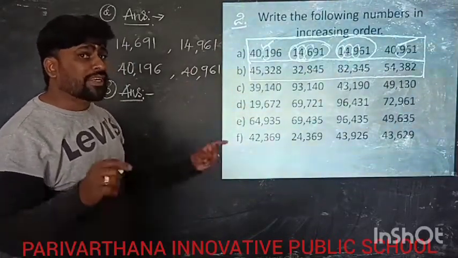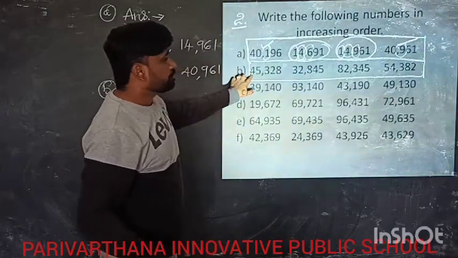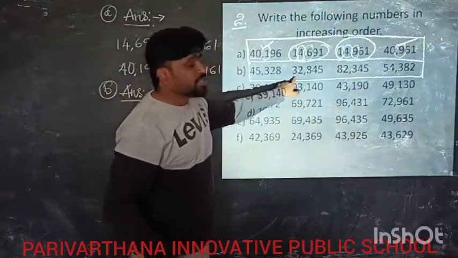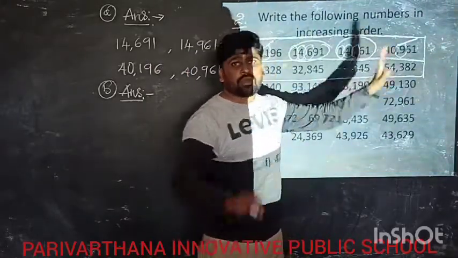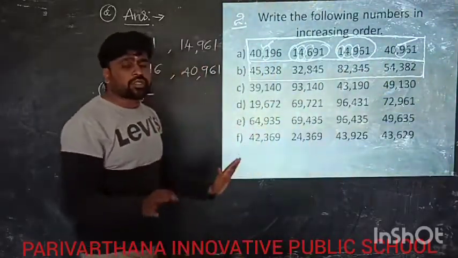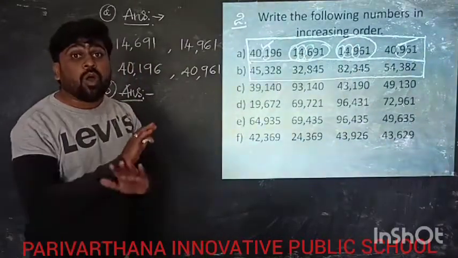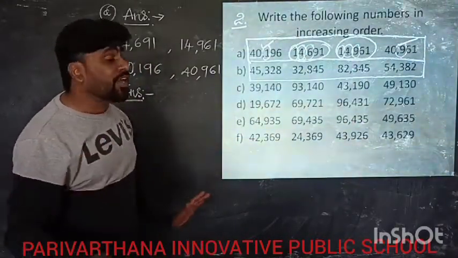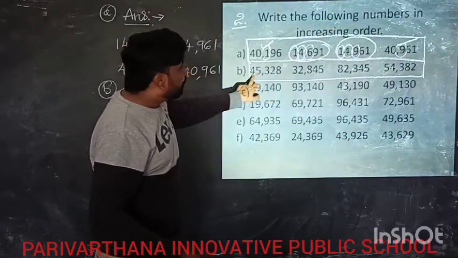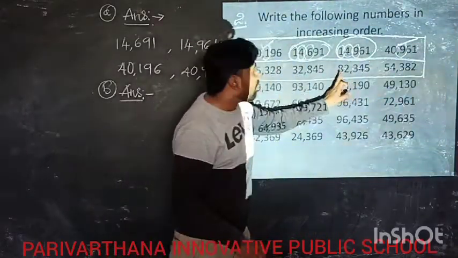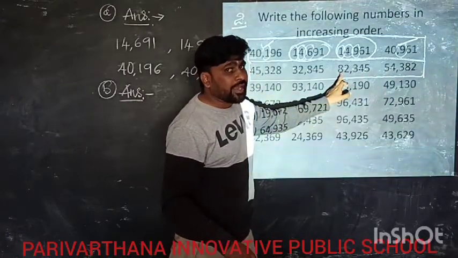Now observe the 10,000 place: 4. Okay, 10,000 place 3, 10,000 place 8, 10,000 place 5. This is very easy because in the 10,000 place all the digits are different. The small number will be 3, after that 4, after that 5, then the last one will be 8. Clear?